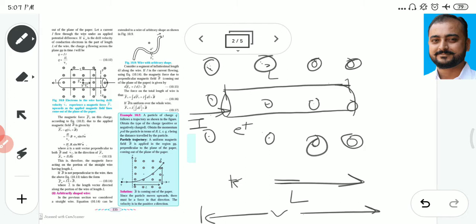While moving from this point to this point, they have a certain drift velocity. So they are moving with a drift velocity Vd.